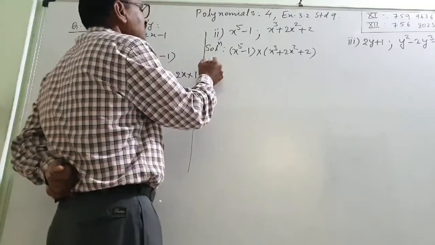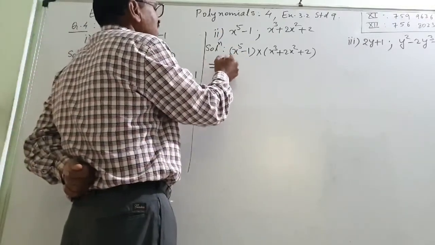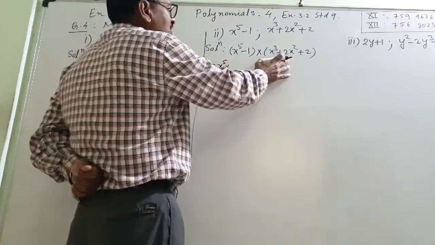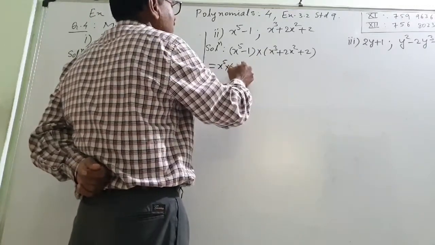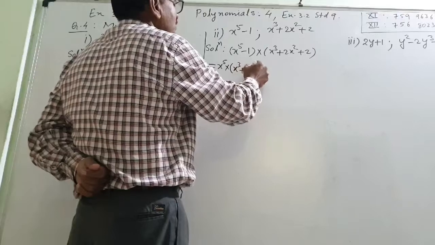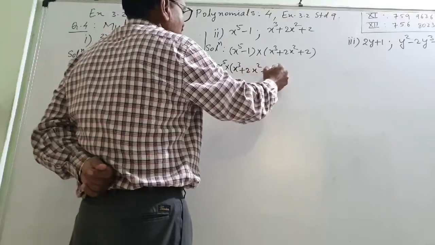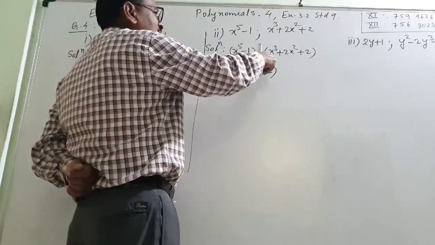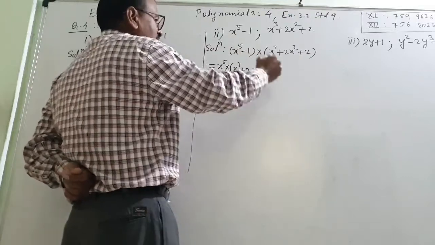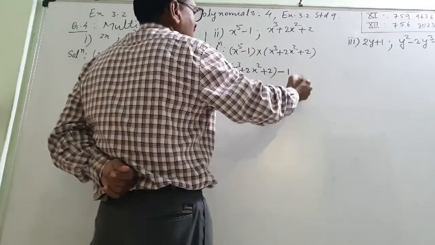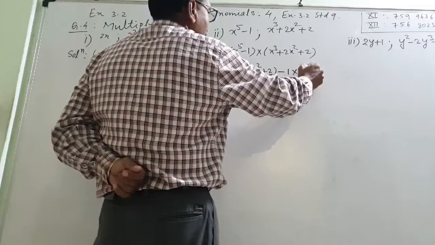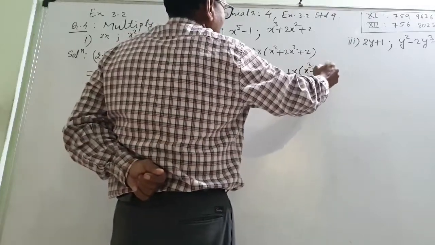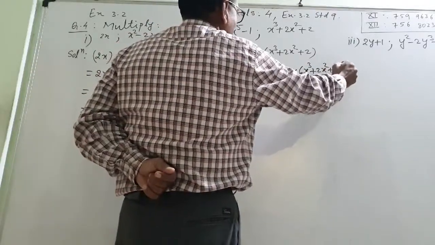So I will first of all write it as x raised to 5 into this whole bracket x raised to 3 plus 2x square plus 2. Now by this I have to multiply. Now this is also there. So minus 1 into x raised to 3 plus 2x square plus 2.